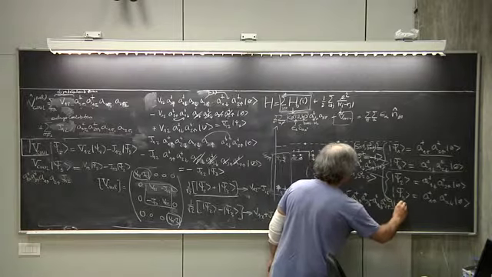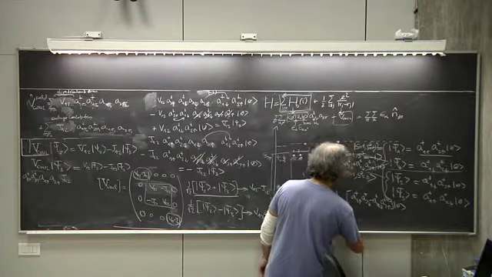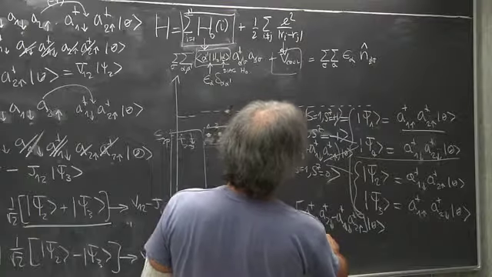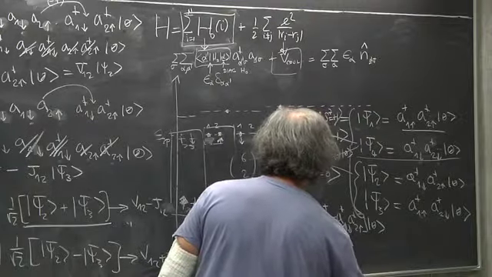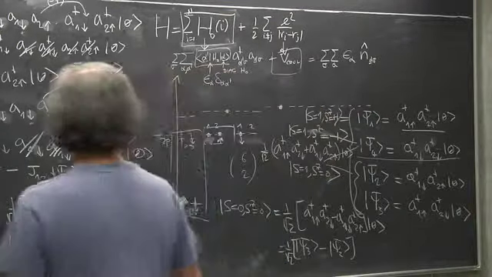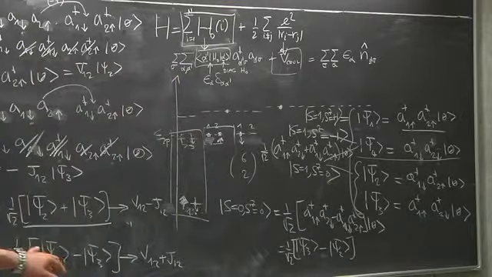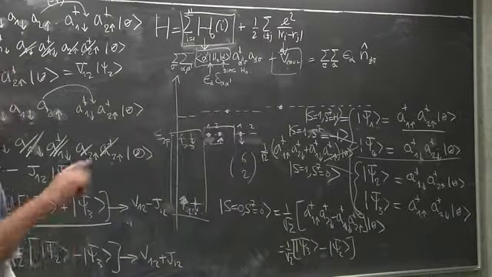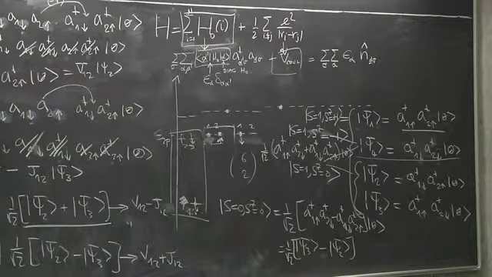Okay? This is essentially psi 3 minus psi 2, the combination with the minus. You can always change sign globally to a state, okay? So this state and that state that I have written there, which differ by a global minus sign, are exactly the same, okay?